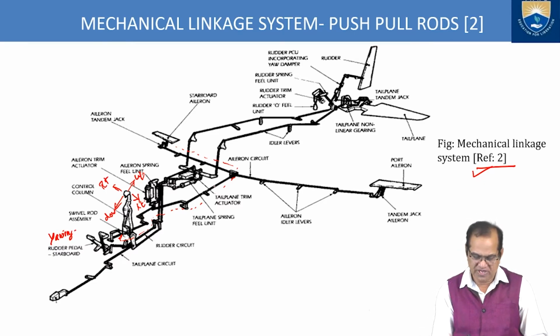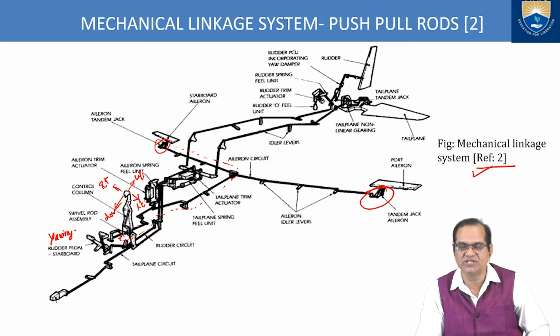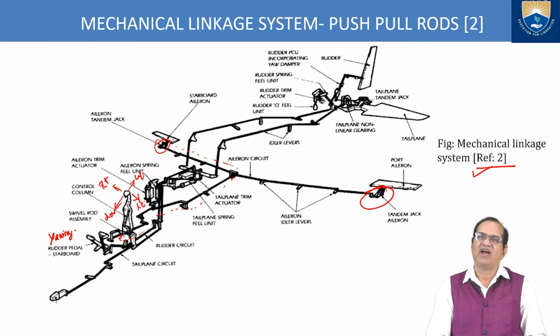The aileron tandem jacks are here. As it is operated, these valves are opening and closing, and there is a hydraulic system. By that, these jacks will operate and go up and down as per the required conditions.